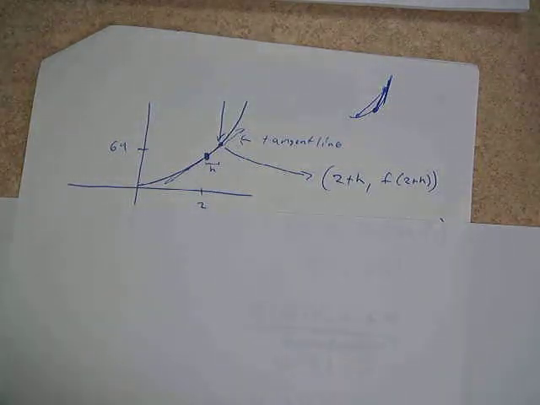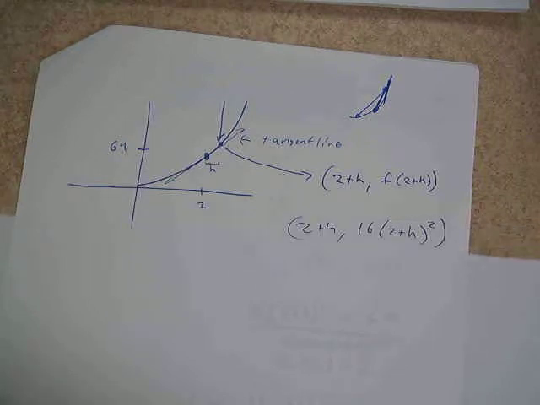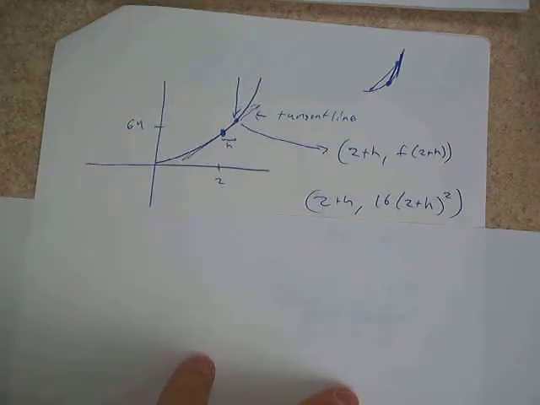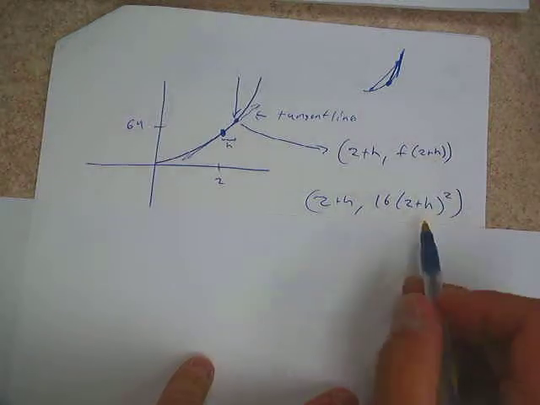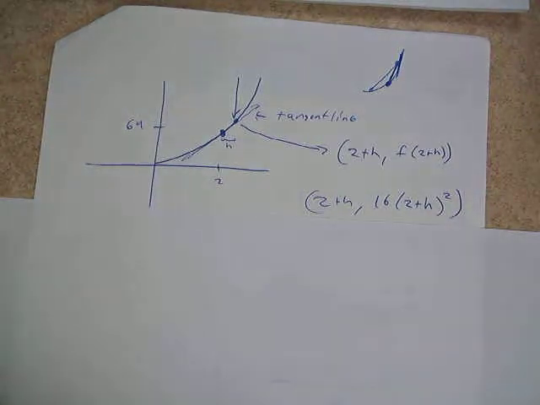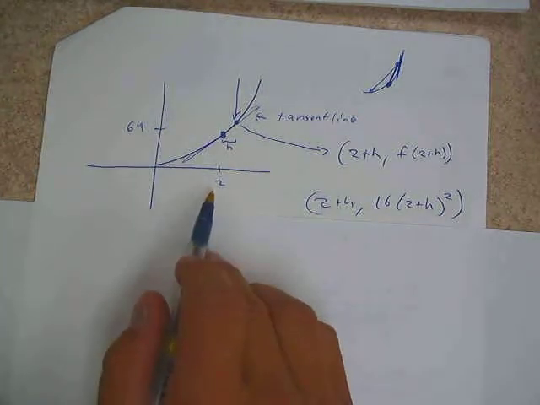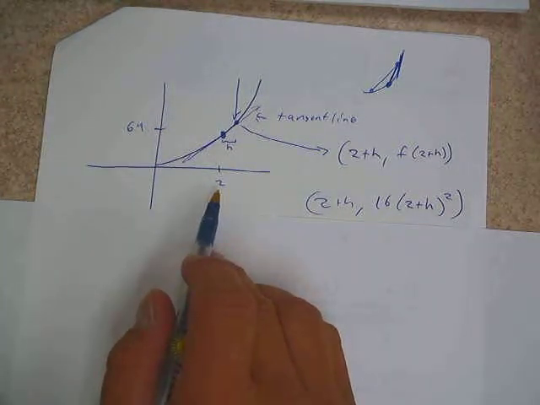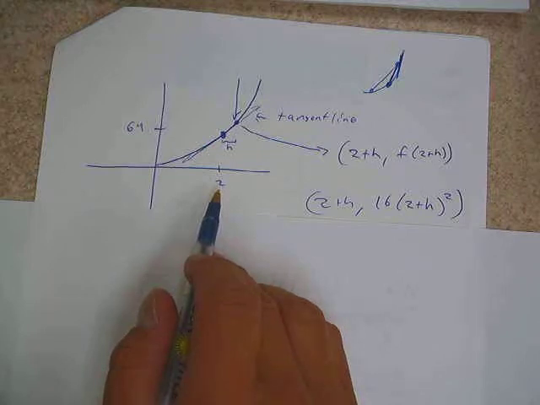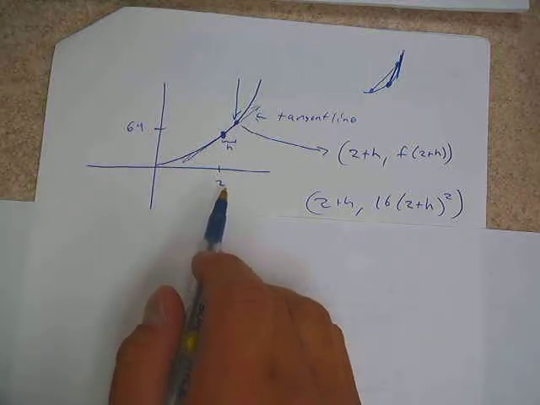But in general, I'm going to list my x coordinate of a point that is close to 2, and the y coordinate, of course, is that x plugged into the equation, whatever the equation may be. In this case, we know the equation. So you'll notice my second step was, instead of writing f of 2 plus h, I actually put the 2 plus h into the equation we were given, y equals 16t squared.